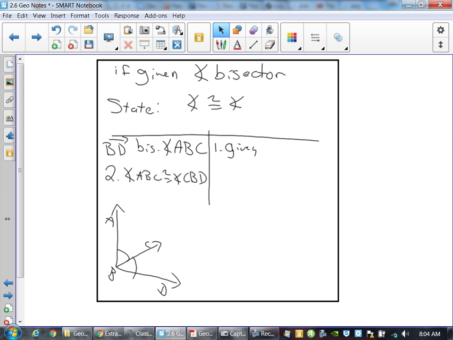Definition of an angle bisector. What we're doing here is we're just using the definition of the angle bisector. I'm not saying whether or not something is obtuse or acute or anything like that, because in how it relates to this generic statement, it has no bearing. Okay.